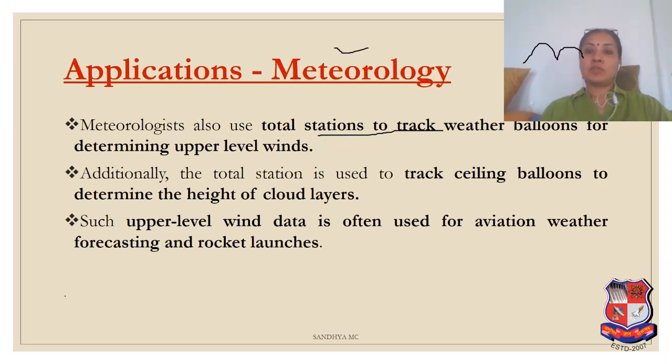Another is tracking ceiling balloons to determine the height of clouds, where the cloud layers are located, and this data can be used for aviation, weather forecasting or rocket launches. So it can be used in space science also, for the weather forecasting part and all.